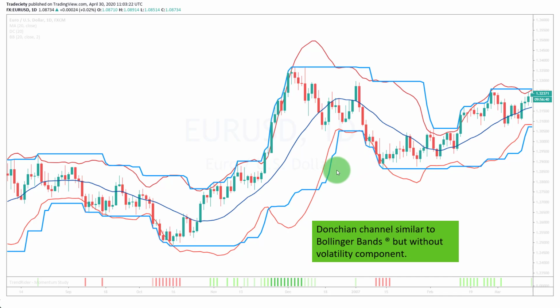So we see during very strong trending markets that the price is trading between the Bollinger Band and the Donchian channel. Something to explore maybe in your trading, because this may add another layer of information to your analysis. But that's the main difference between the two indicators.